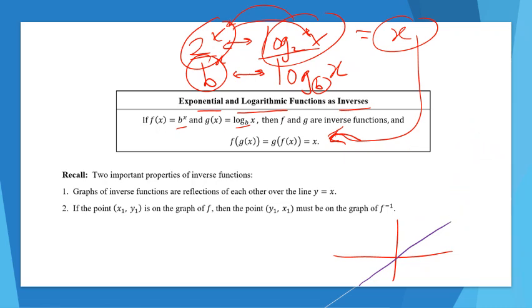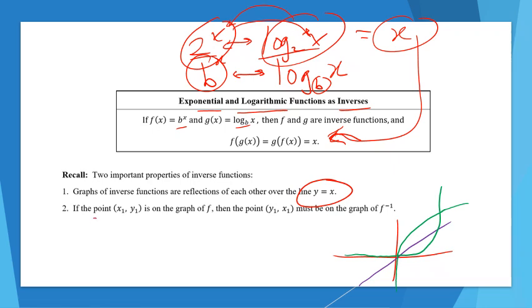And then if you have, let's say, a logarithmic function, like so, that is going to be an exponential growth function like that, its inverse there. And so that's just an example graphically of how they're inverses over that line of reflection because you are flipping or switching the x and y values.